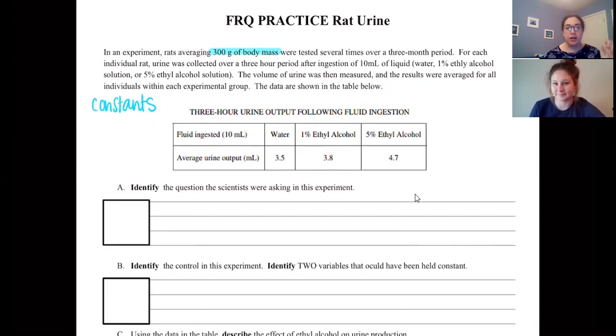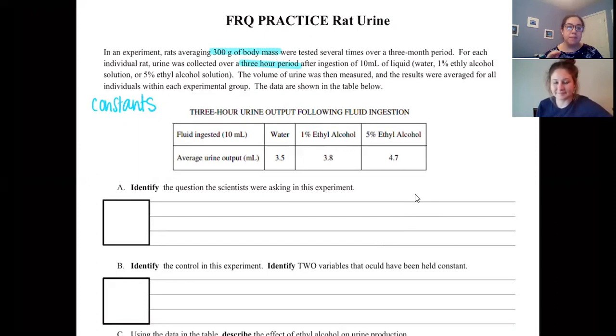Another thing I noticed as I was reading is that the urine was collected in a 3-hour time frame, and that time frame was the same for each of those rats. It makes a big difference how much you urinate first thing in the morning, because you've been sleeping all night and you've got all this urine collecting, versus when you urinate in the middle of the day. So making sure that you collect the urine at the same time is very important.